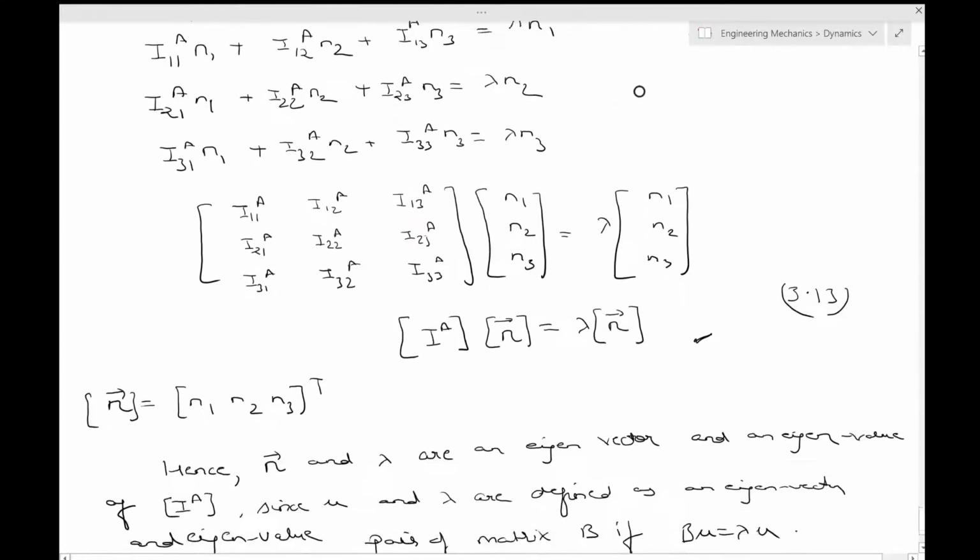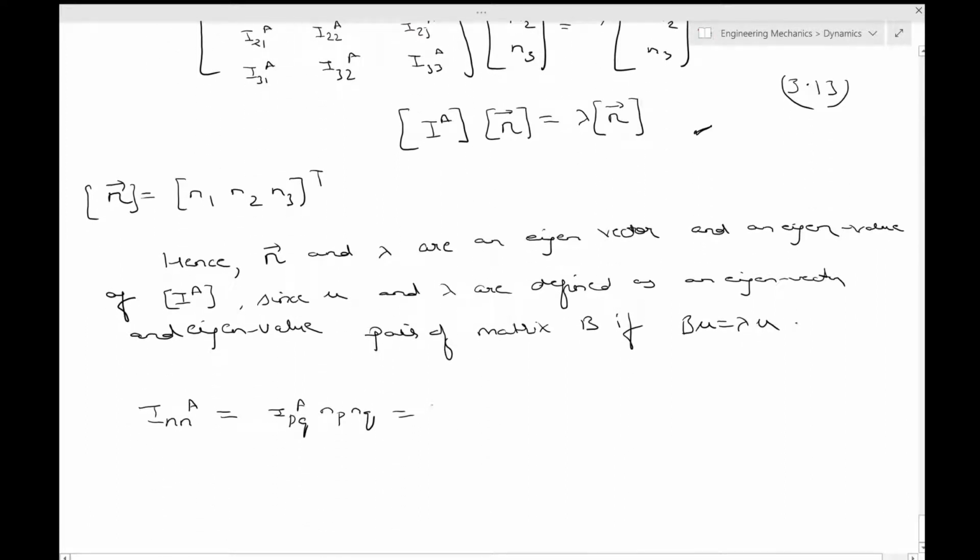That's why you have this as lambda n_q n_q, or lambda n dot n, and this will be lambda because this is a direction vector, so it has a magnitude of 1.